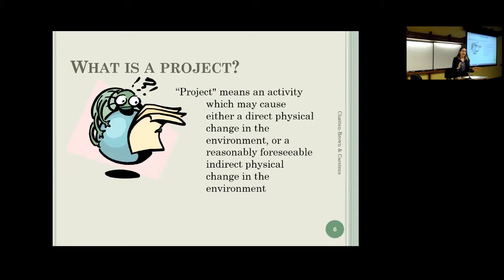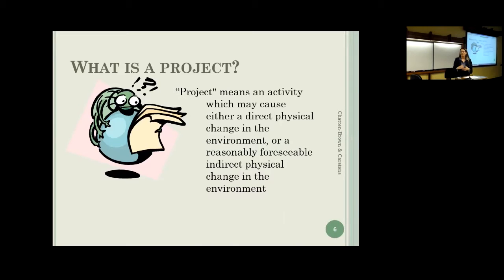Discretionary versus ministerial we'll discuss in a minute, and I think Susan gave a good discussion of that as well. But what does project itself mean? That's an activity that may have a physical impact on the environment, and historic resources are considered part of that environment that could have an impact.